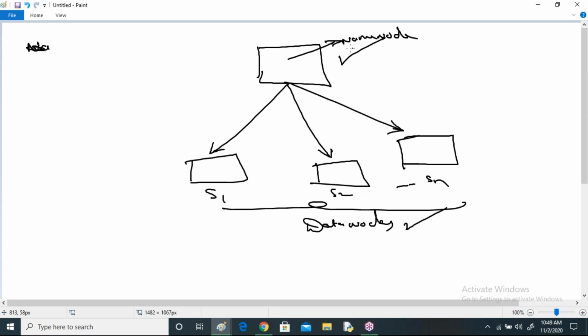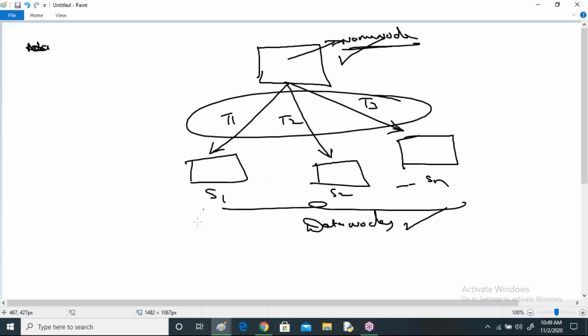The data nodes are going to store the data and process the data. For example, the name node assigns task 1, task 2, task 3: task 1 by S1, task 2 by S2, task 3 by S3. Three tasks are executed by the three slaves parallelly. Suddenly, if any slave goes down, its task will be allocated to another slave.